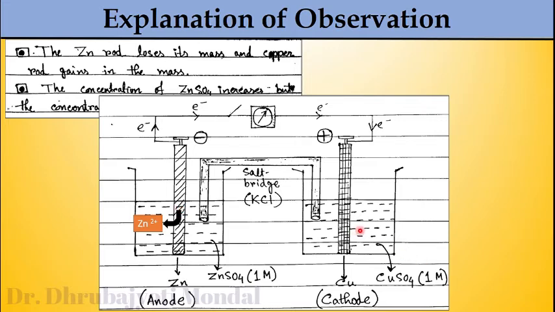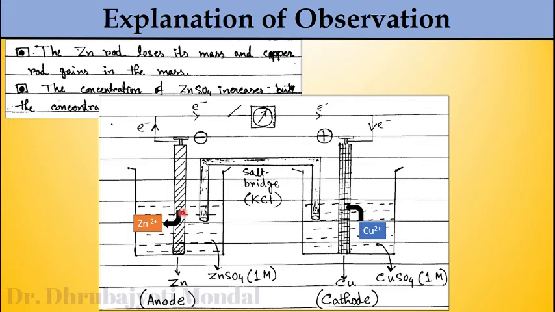But here you can see copper 2 plus gets 2 electrons and converts to copper atom. So here the copper electrode gains in mass. And the next point, the concentration of Zn2 plus increases.